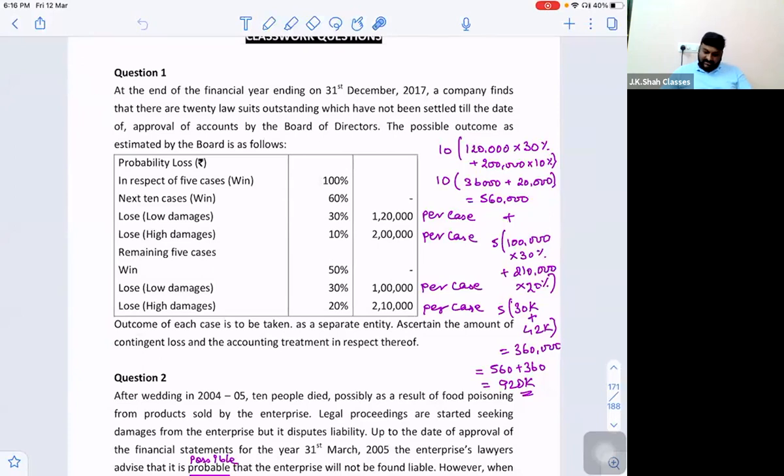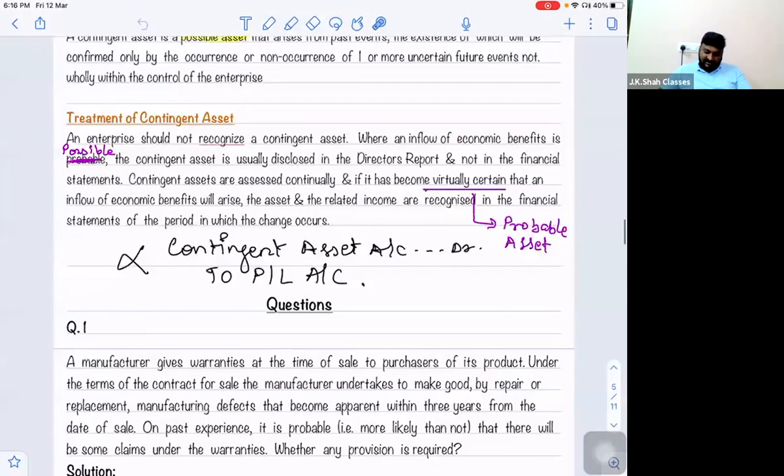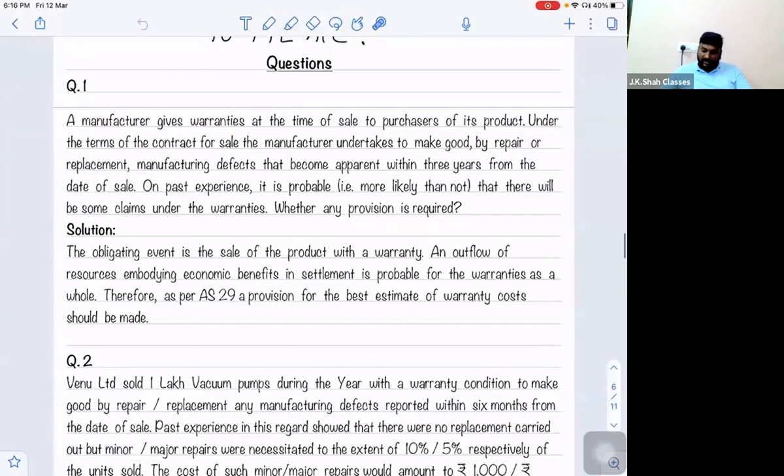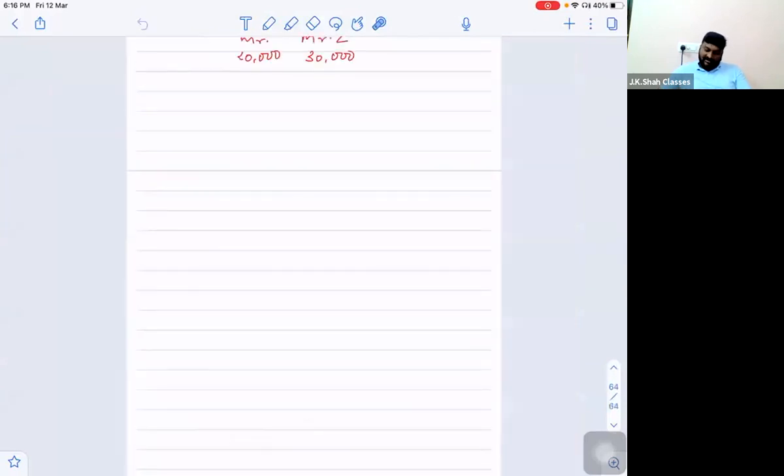Generally, please understand this one standard practice which is followed by the institute also. Always check the loss percentage. If the loss percentage is from 1 to 30, we say it is remote. If it is 31 to 70, we say possible. I had already written this earlier also in AS 4. And if the chance of loss is 71 to 100%, we say it is probable.